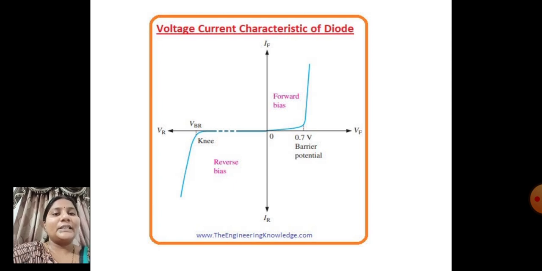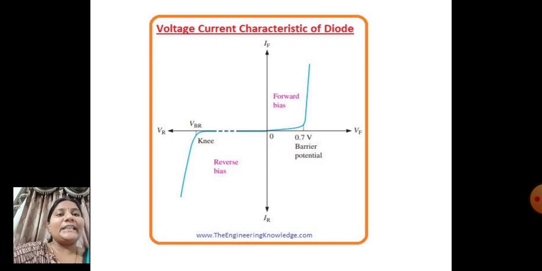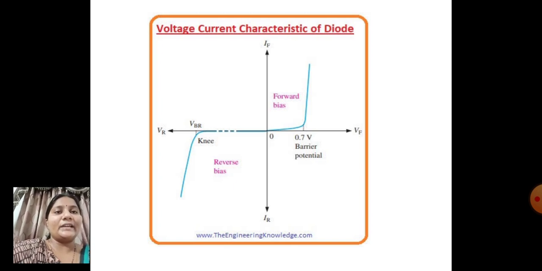Clear? Now, if I am still increasing the reverse voltage VR more than VBR: in the reverse voltage I started from 0 and at some point reached VBR, the breakdown voltage, and at this breakdown voltage the diode starts conducting very little current.